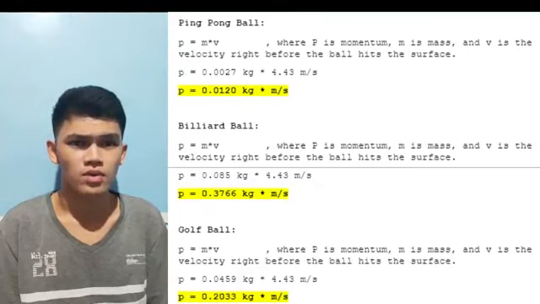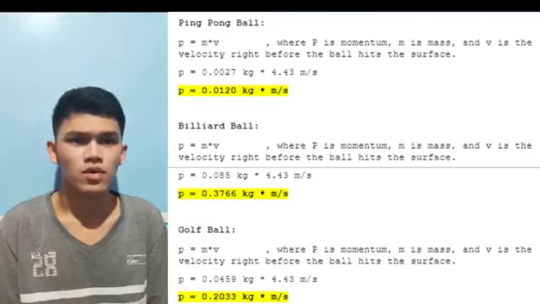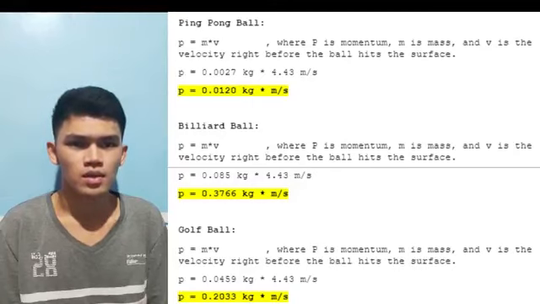For example, for a ping pong ball, momentum equals 0.0027 kilograms times 4.43 meter per second, which equals 0.0120 kilogram meter per second.